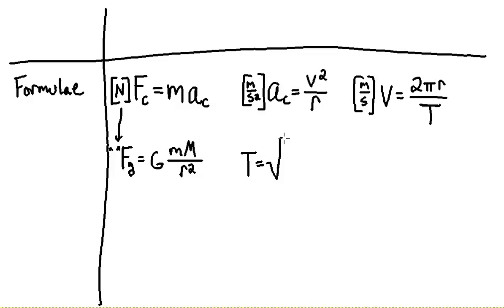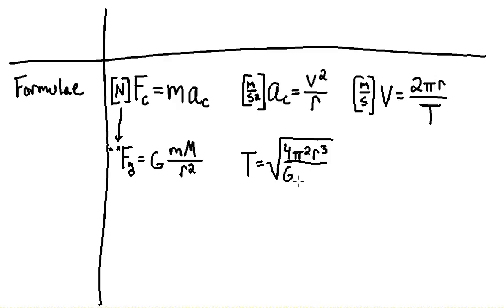This is the most scary equation from this unit, maybe from this year. 4 pi squared times r cubed divided by Newton's gravitational constant multiplied by the mass of the object that is causing the other mass to move. So that's an important distinction to make.